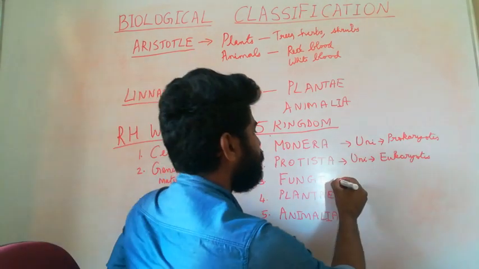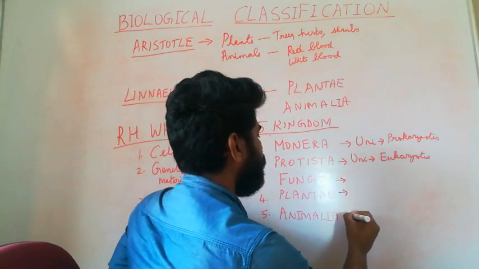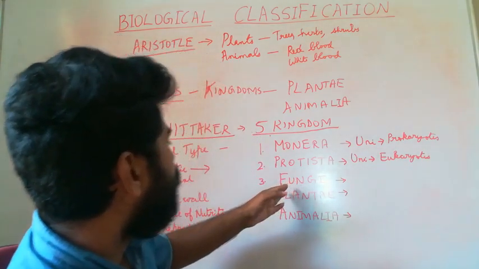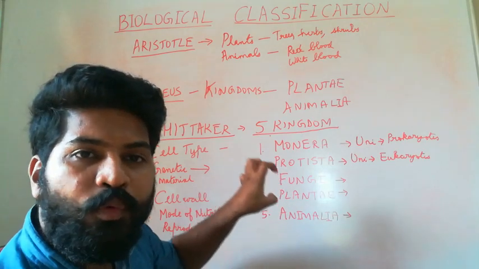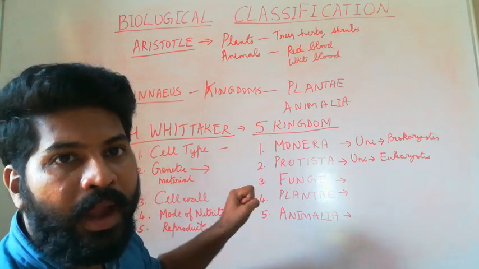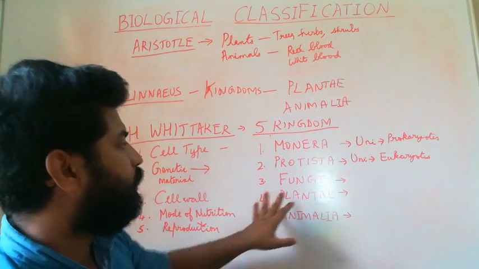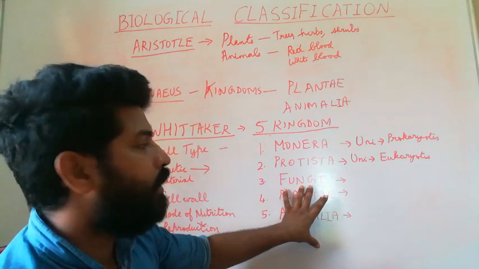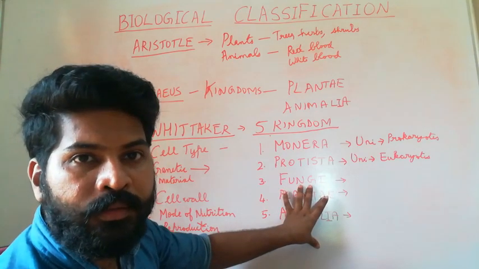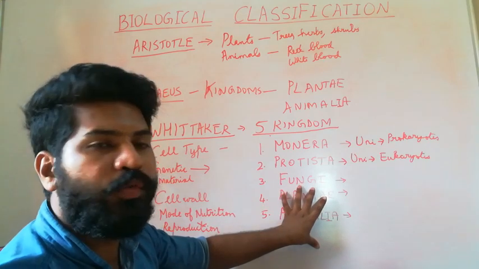And then the fungus, based on their cell wall structure and their mode of nutrition. Fungus has a cell wall made up of chitin and they are saprotrophic. They are not autotrophs.